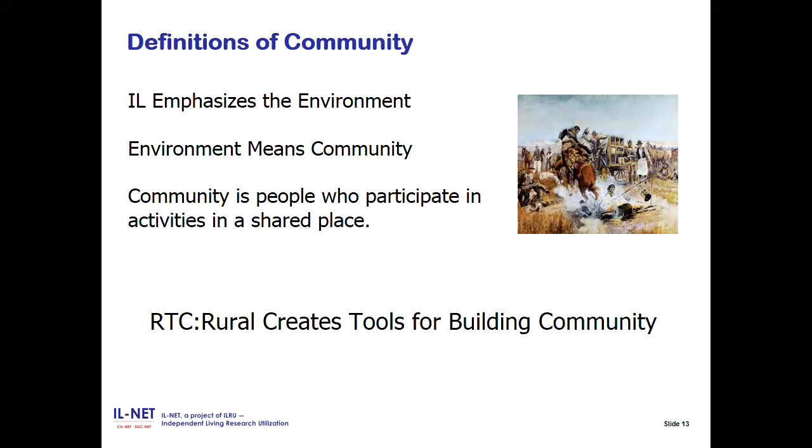So one of the ways to begin to think about using community development strategies is to ponder a little bit about what is a community. There are often described three kinds of communities.